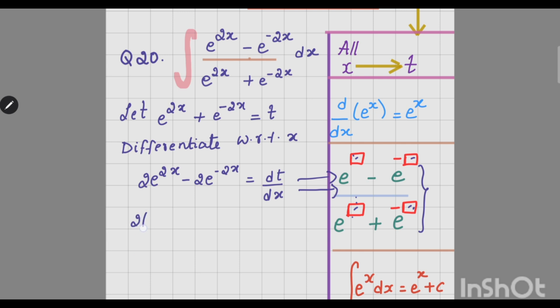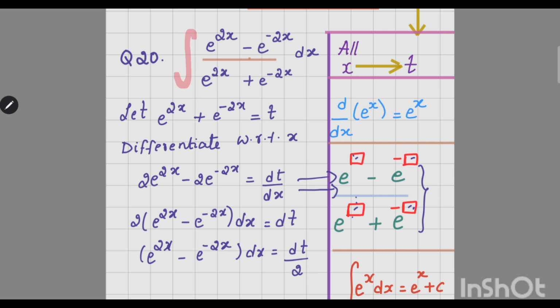So let us take 2 common, e to the power 2x minus e to the power minus 2x. Let us cross multiply, so e to the power 2x minus e to the power minus 2x dx is equal to dt divided by 2.